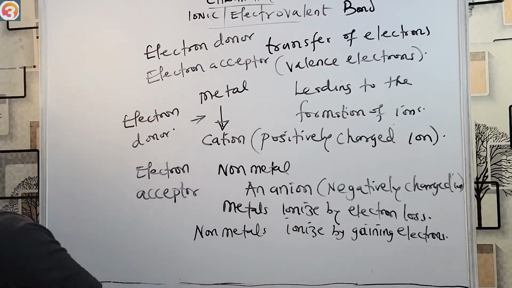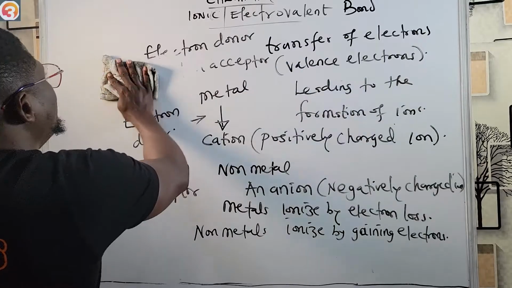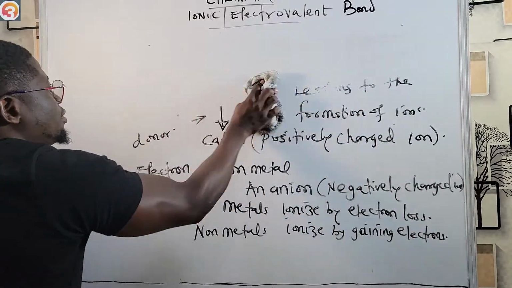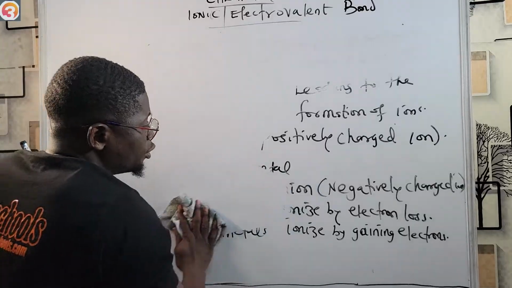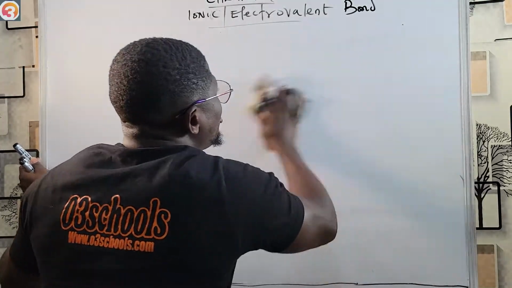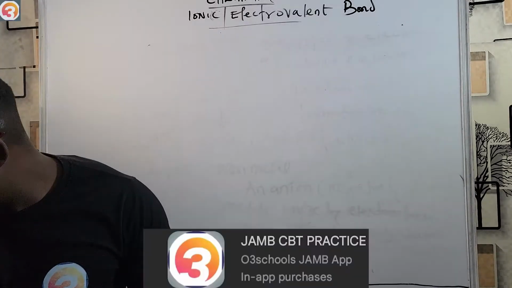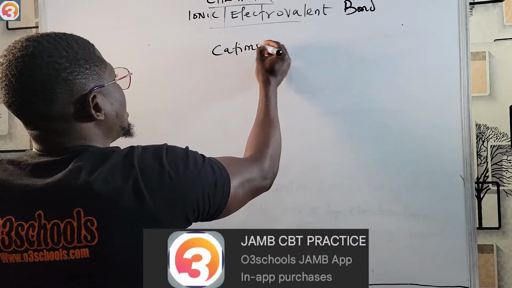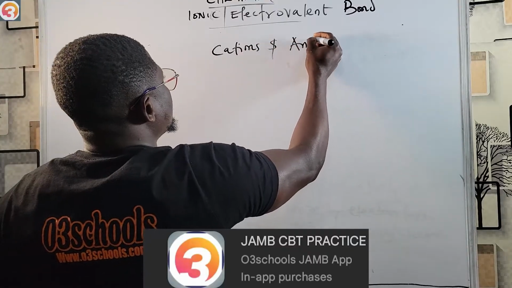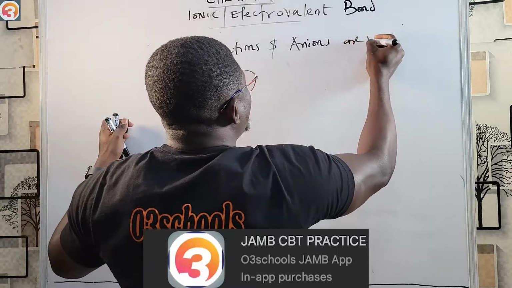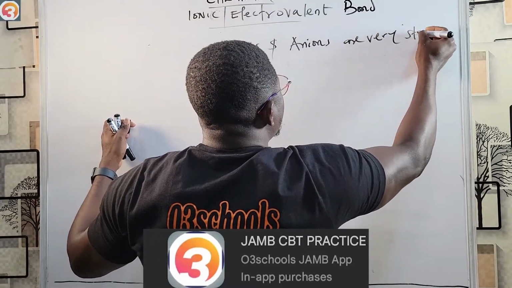Let me clean this up and let's get that to the board, right? We say that the cations and the anions produced during this transfer of electrons are very stable.